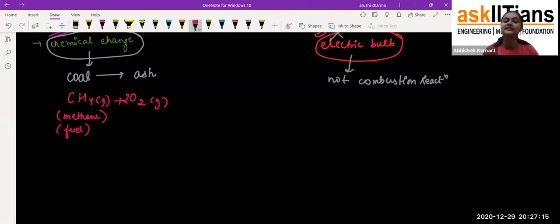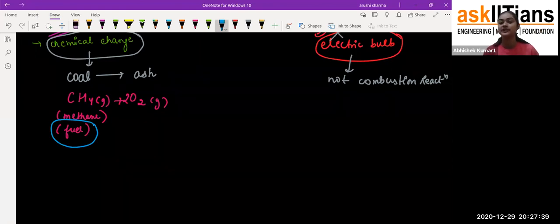So, students, a new word is introduced here, that is fuel. This is the requirement for combustion. If we do not have material which can undergo combustion, combustion cannot occur. That is why we require materials that are combustible in nature.